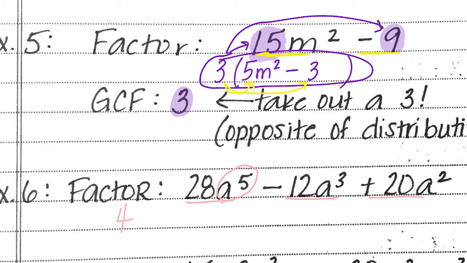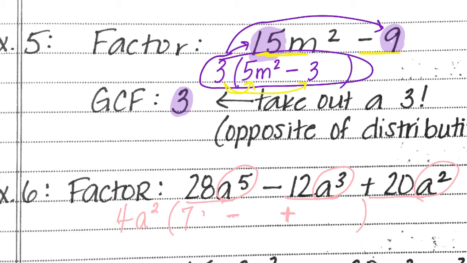And I have a to the 5th, a to the 3rd, and a squared. And I can take out a squared, because I can take out the least. Remember the greatest common factor, I could take out the least. So now I have to write what's left over. And I just write my signs so I don't have to deal with them. 4 out of 28 is 7.